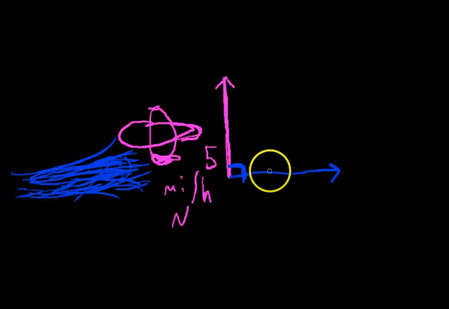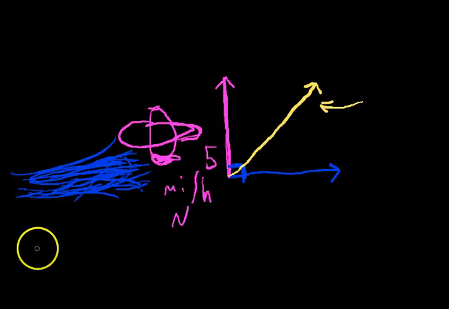Now, I'm sure that if you've had basic algebra and basic geometry, you're familiar with the Pythagorean theorem, and that's what we use to find the resulting velocity vector, which is this guy. Pythagorean theorem says that a squared plus b squared is equal to c squared.